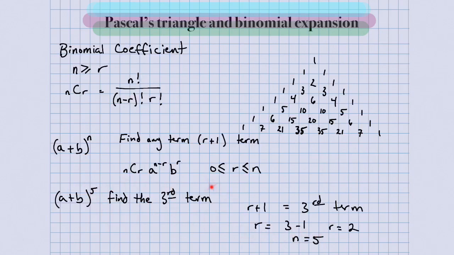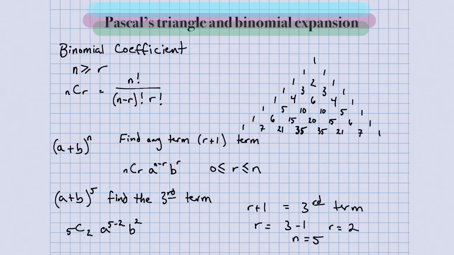Then we just fill these numbers in to our formula here. So we have 5 choose 2, times a to the 5 minus 2, and b to the 2nd power.